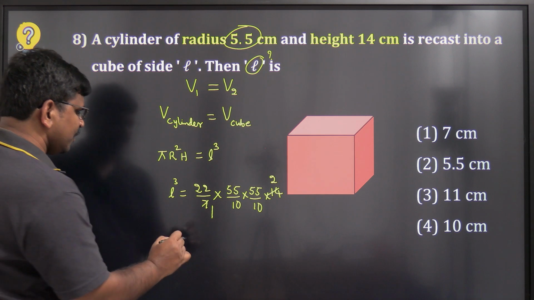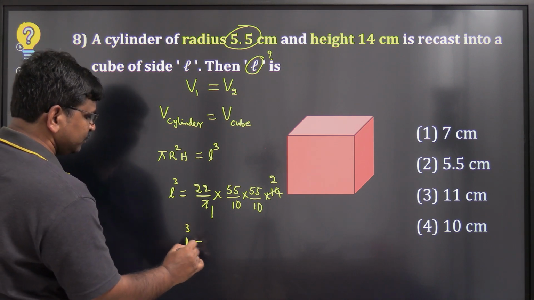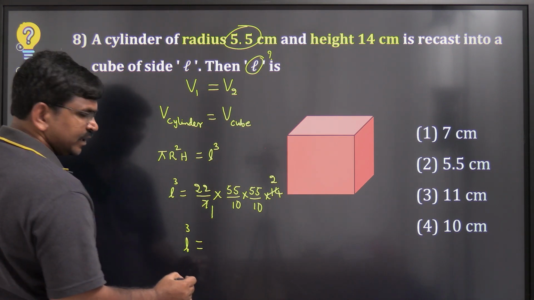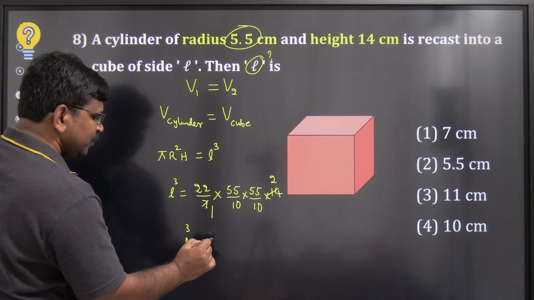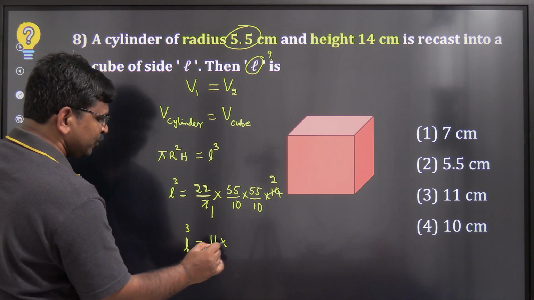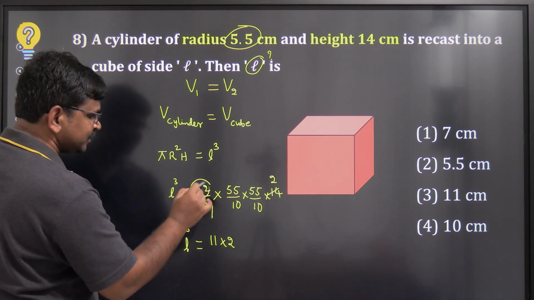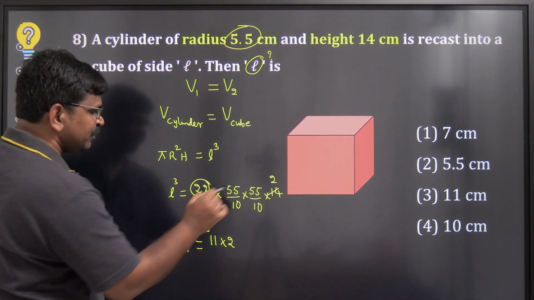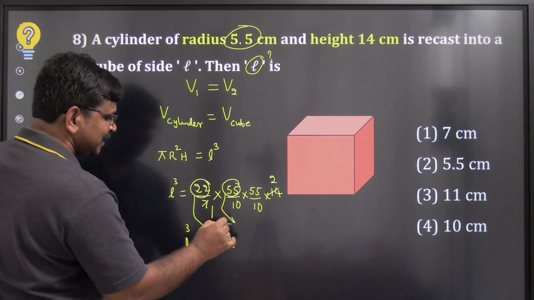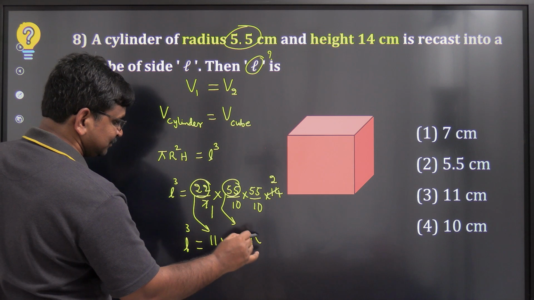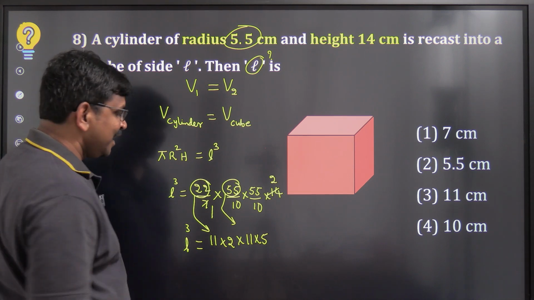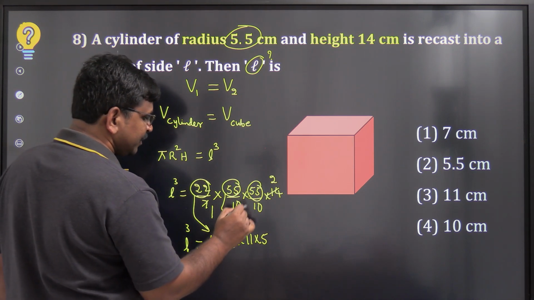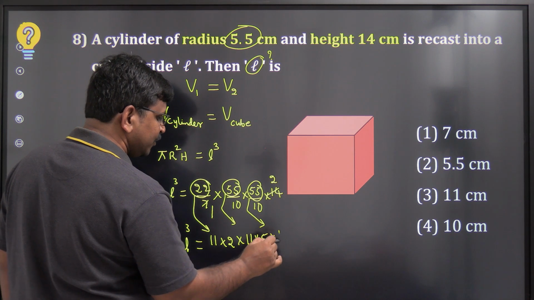Okay. Now I can write L cube is equal to, now let me write it in another way. 22 can be written as 11 into 2, right? And now 55 can be written as 11 into 5. Yes. And here again 55 can be written as 11 into 5.